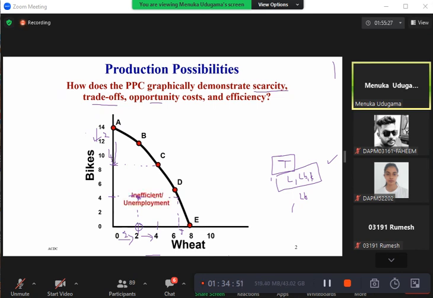We say the resources are underemployed, or it is inefficient production.